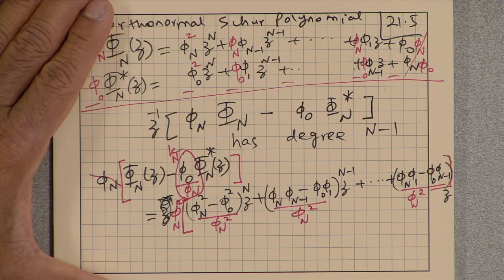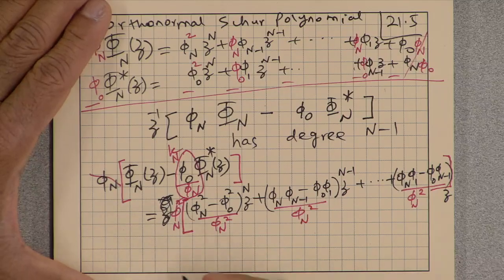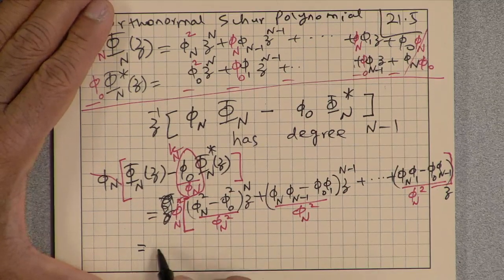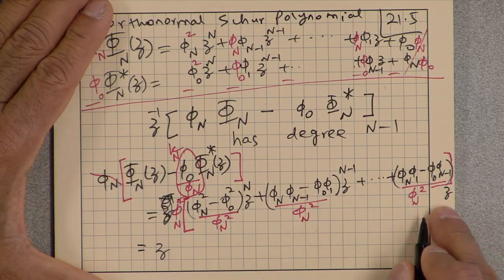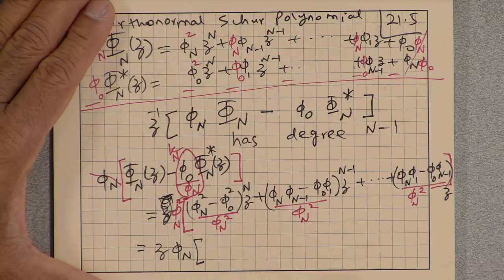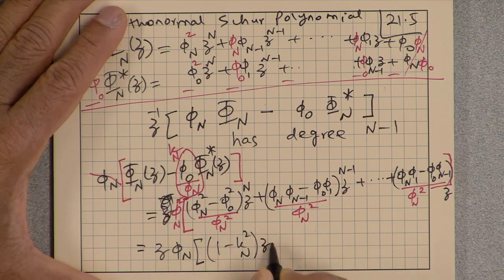Now we can write this as equal to z taken outside a bracket, phi n taken outside a bracket, times this quantity, which is 1 minus Kn squared times z to power n minus 1.